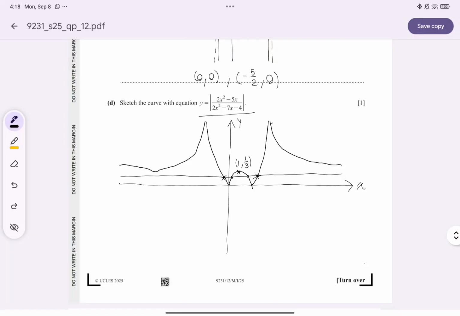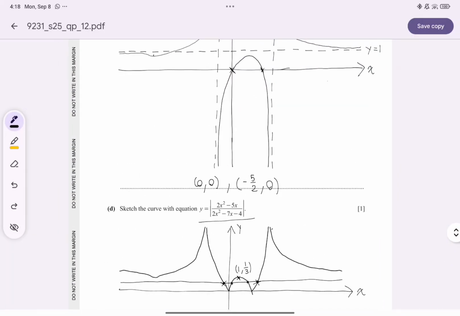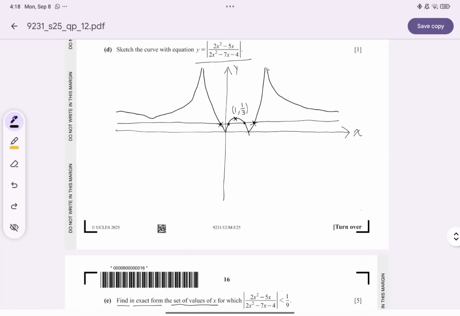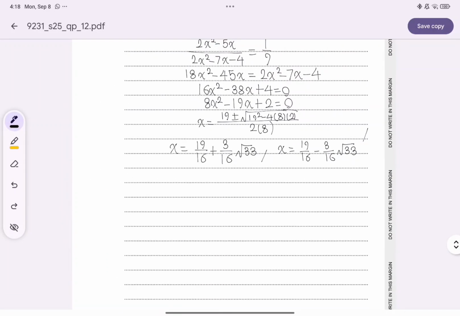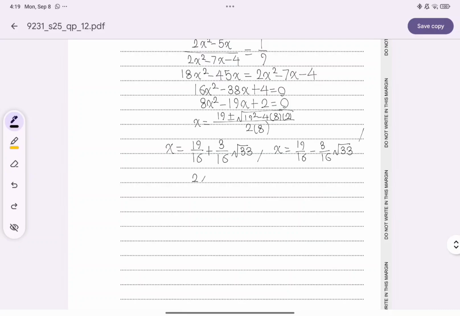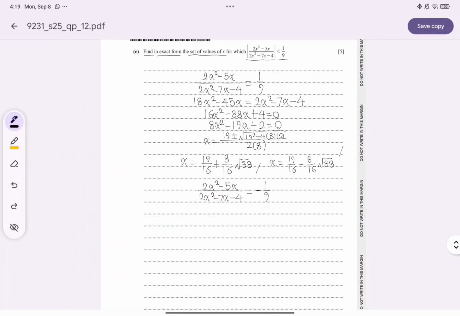To find the second point, we're going to have to equate the original equation of the curve with negative 1 over 9.